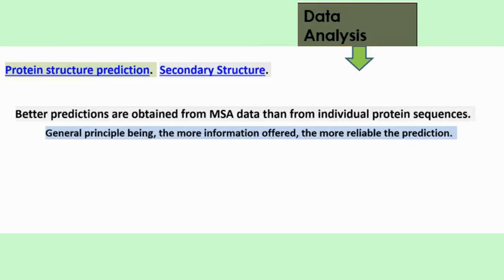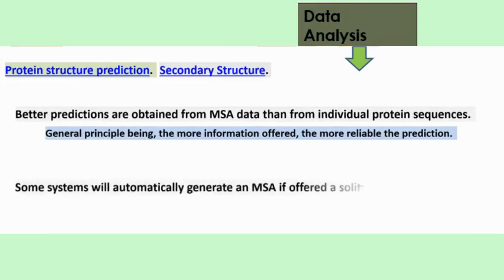To crudely justify this claim, in this context, it would be reasonable to expect structural regions, alpha helices or beta sheets, to be highly conserved between a set of homologous proteins. Frequent indels and substitutions would not generally be tolerated in a structural region. The software only has these extra clues if it has an MSA to analyze rather than a single protein sequence.